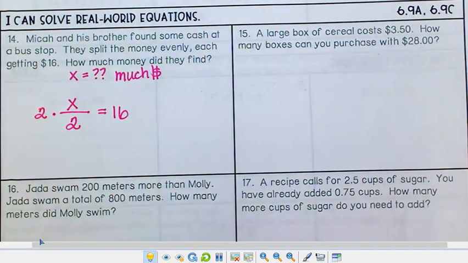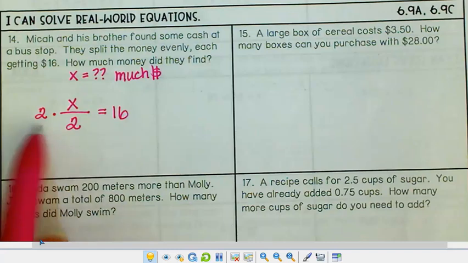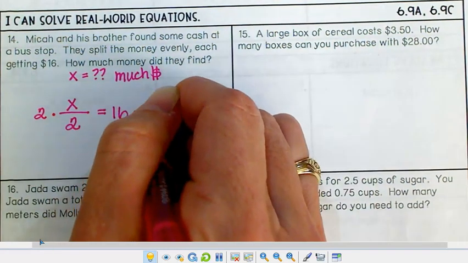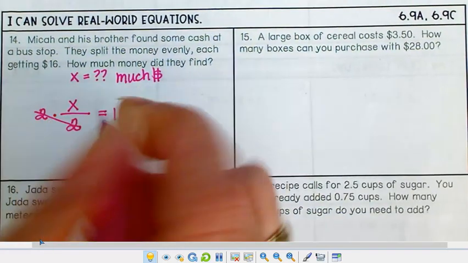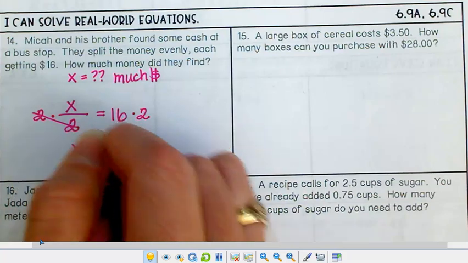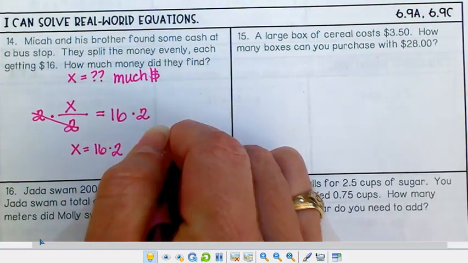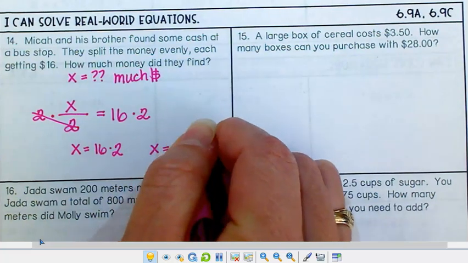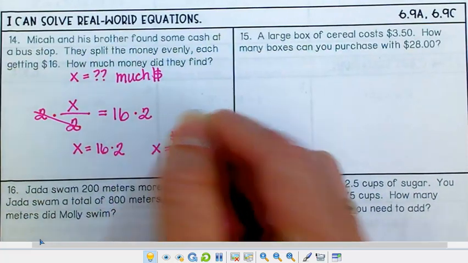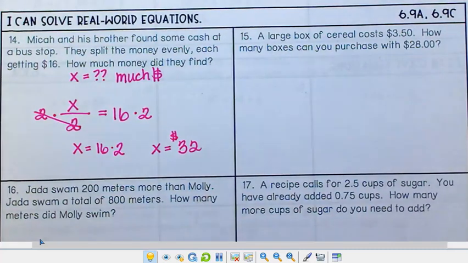Dividing by 2, the opposite operation is multiplying by 2. So I'm going to do that to both sides, and I'm going to get X equals 16 times 2. X is $32. So they found $32 at the bus stop.